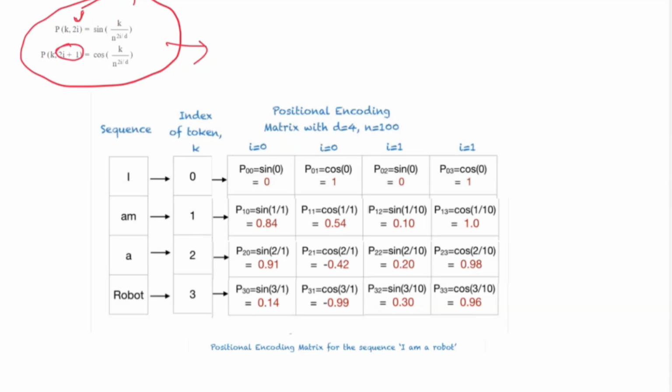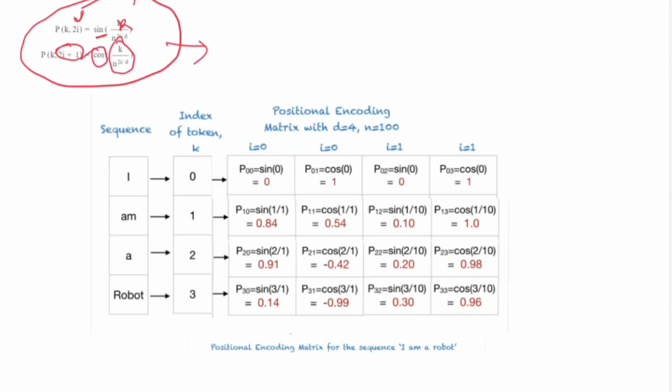Whenever I have an even position, I'll take k, that position number, divided by n to the power 2i divided by d, and take the sine of that. And if you have an odd position, then this part will be the same, but I'll take cosine.